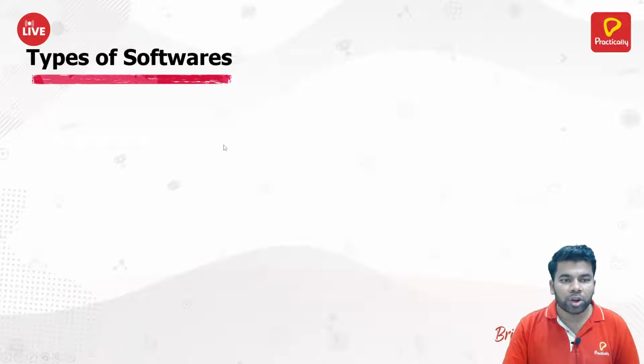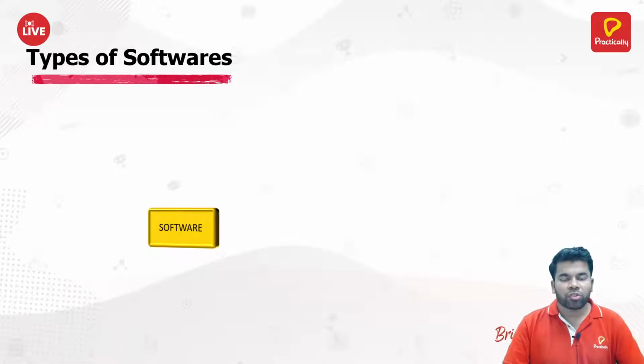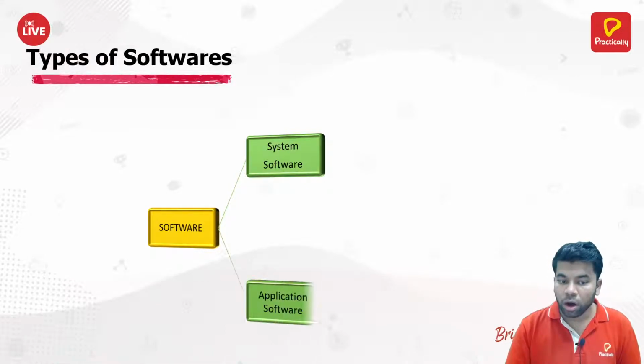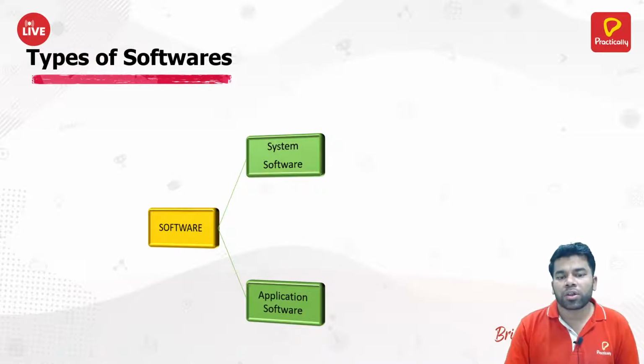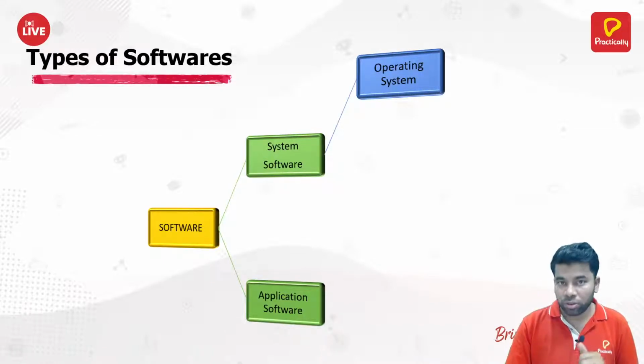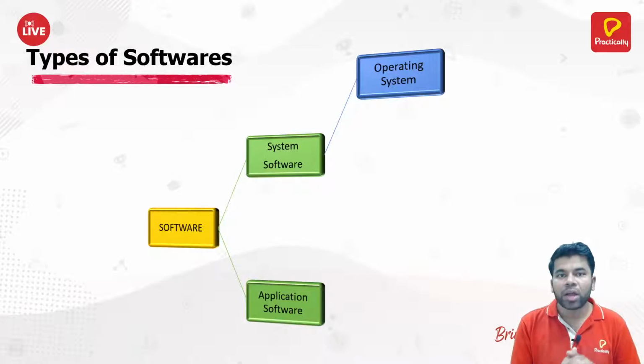Now come to the types of software. First of all, software can be divided into system software and application software. What are the different types of system software? System software can be divided into operating systems, like Windows, Mac OS, Linux, and Android.